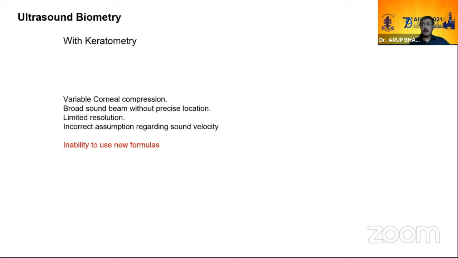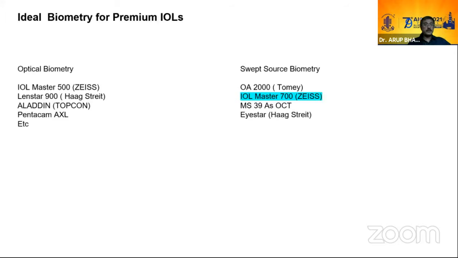So there is always variability in the axial length, and studies show that most wrong biometry is due to the axial length when we used ultrasound biometry. So now we are using optical biometry.